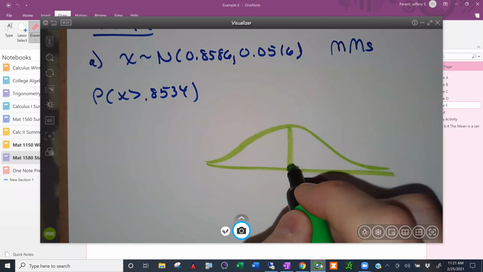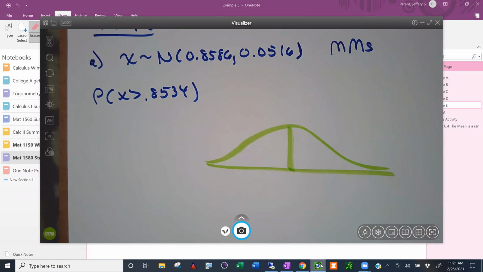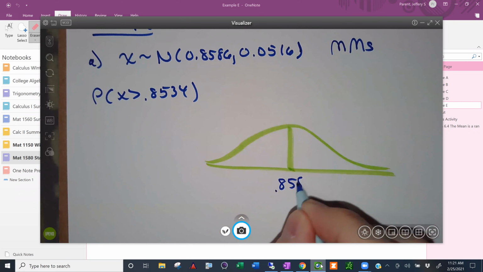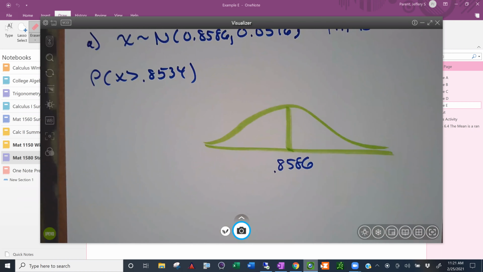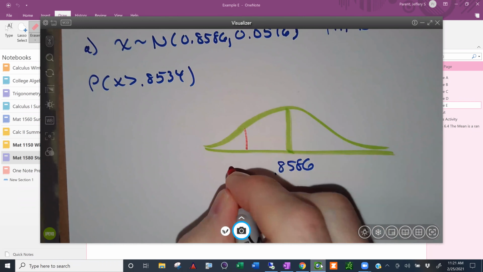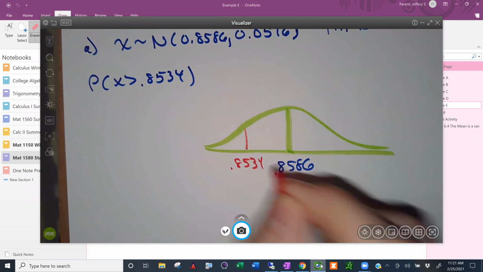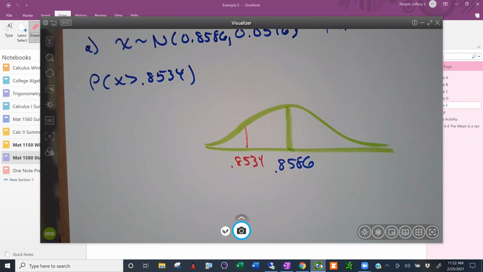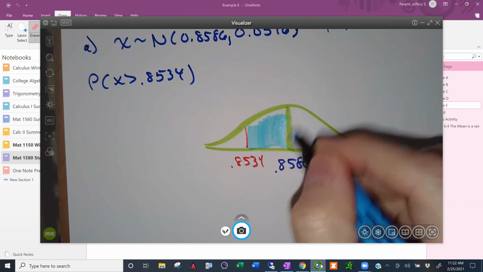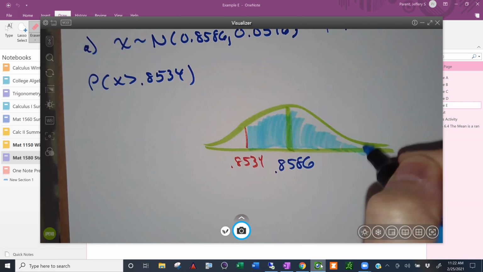In the middle of that distribution, I'm going to draw 0.8586. And then in here, I also need to squeeze in 0.8534. Now, am I looking for the area to the right or to the left of that? To the right. Right, good. So I want to find this area here. That's the area I'm looking for.